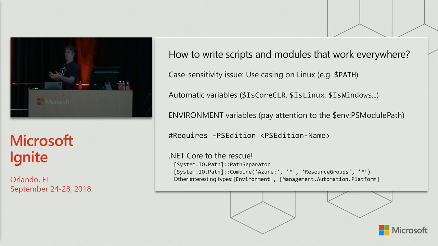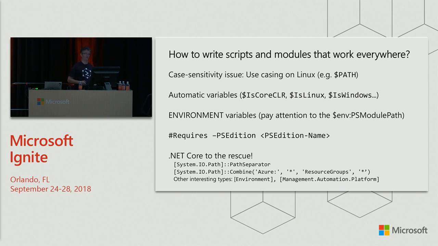We also have a number of automatic variables that we can use in our scripts to do some if statements and then target different platforms if there is a need for it. So they have $IsCoreCLR, $IsLinux, $IsWindows, $IsMacOS, right? And you will see them a lot when you look at cross-platform scripts already provided by others, for example, on GitHub or on the PowerShell Gallery.